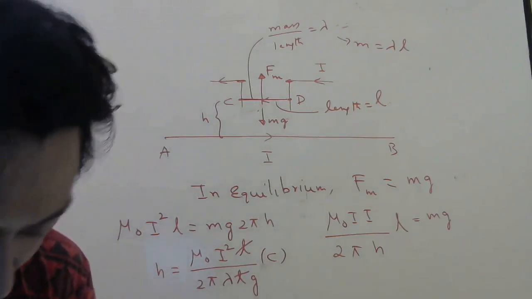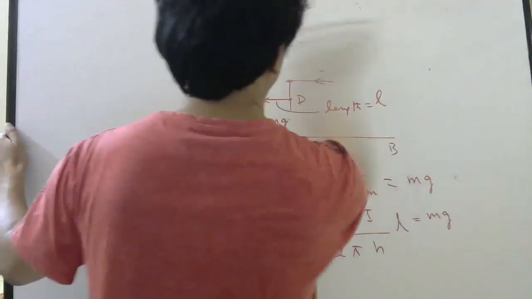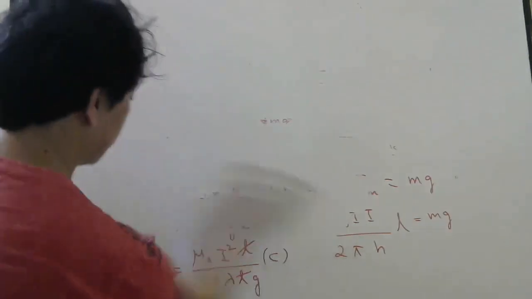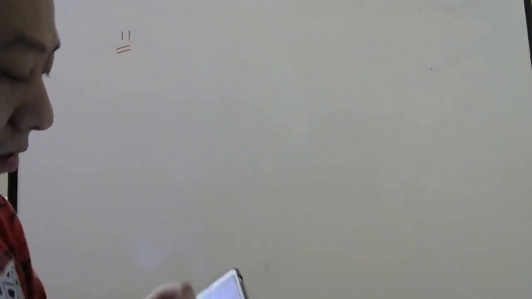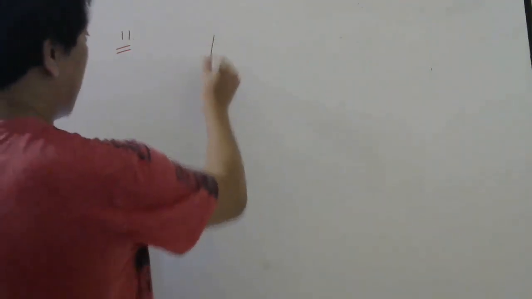Okay, question number 11, you see now. In question number 11, they are saying two parallel wires in the plane of the paper are x naught apart.